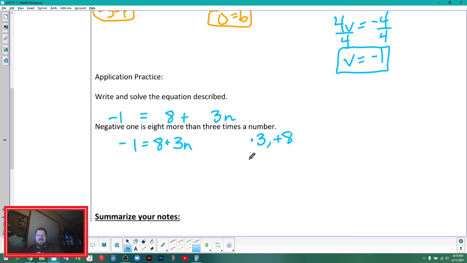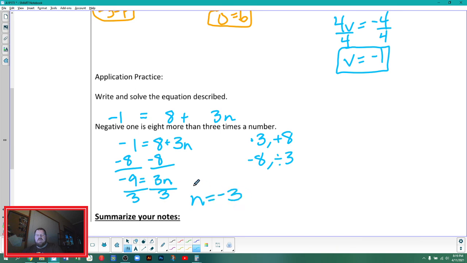Undo those in the reverse order. Minus 8, divide by 3. Let's do that. Minus 8 on both sides, we get negative 9 equals 3n, and divide by 3, giving us n is equal to negative 3.